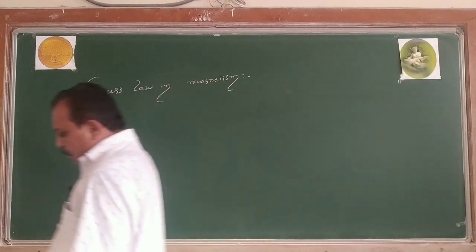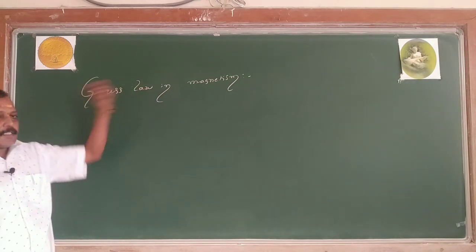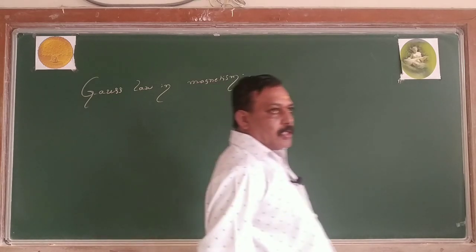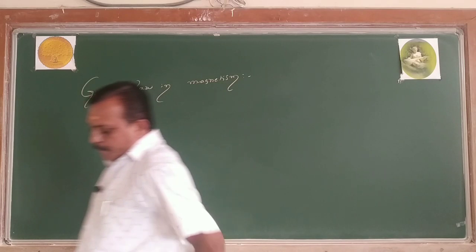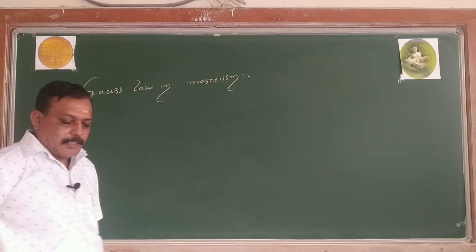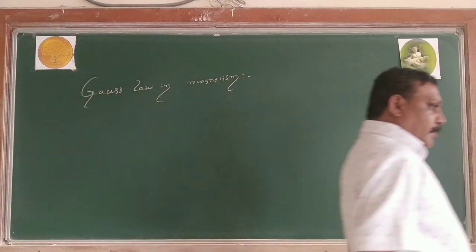What is the statement? The net magnetic flux, or the total magnetic flux, through any closed surface is equal to 0. Now this is the statement.